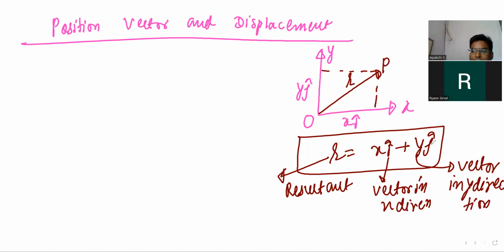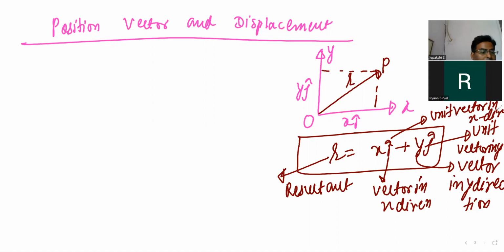And j I have told you, so this is the unit vector in y, and i is unit vector in x direction. Understood?